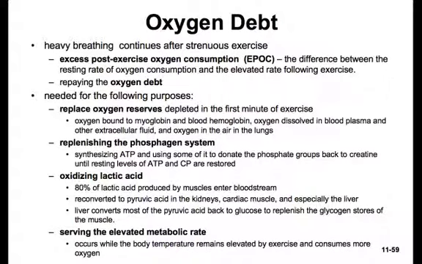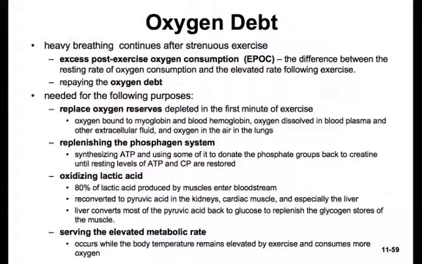That oxygen is used to replace the oxygen reserves that we depleted in the first minute of exercise. We're going to restock the myoglobin with oxygen and the hemoglobin in the blood. Oxygen is going to be dissolved in blood plasma and other extracellular fluid, as well as restoring the normal oxygen levels in the air in the lungs.